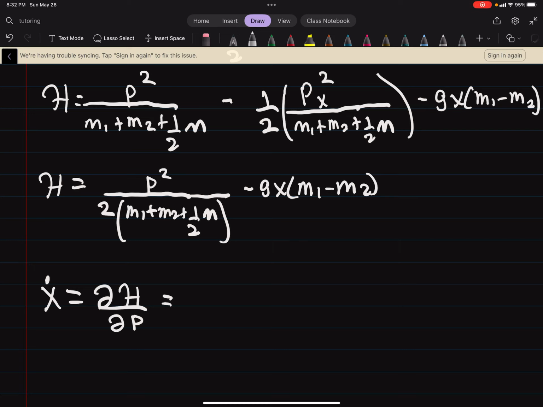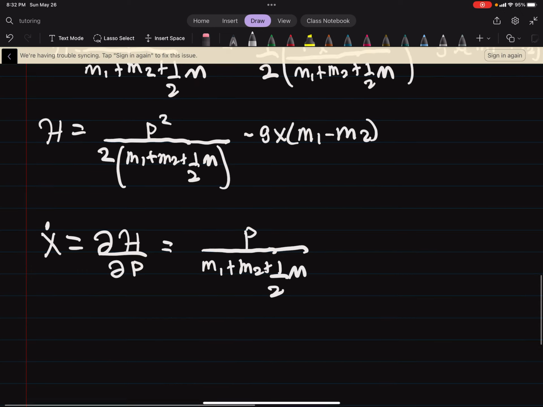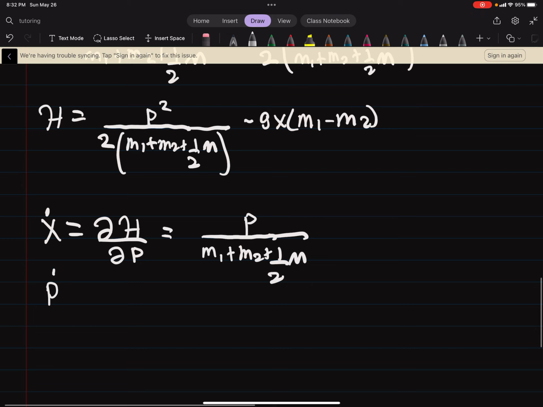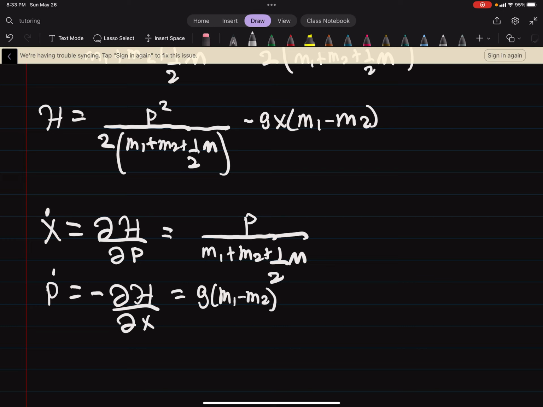The two will cancel there, and we'll get p over m1 plus m2 plus 1/2 M. And then likewise, p dot is minus the partial derivative of our Hamiltonian with respect to x. So that'll be now positive g times m1 minus m2. Okay.